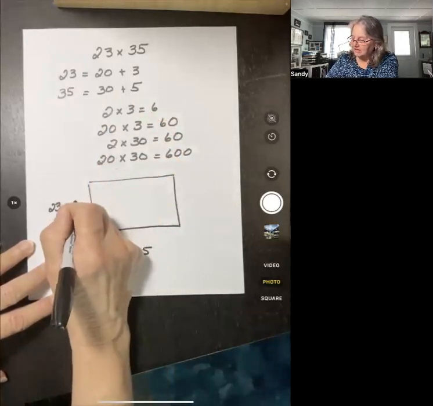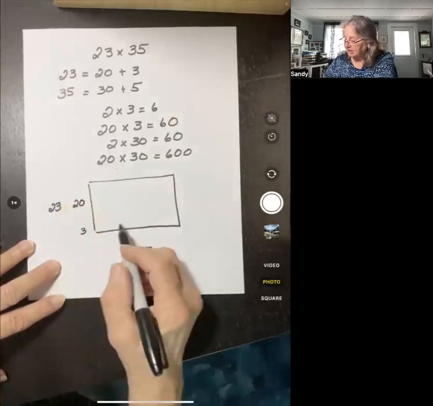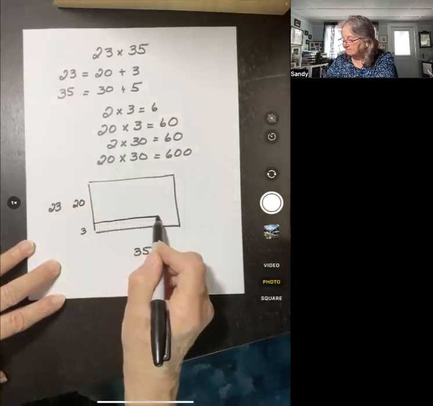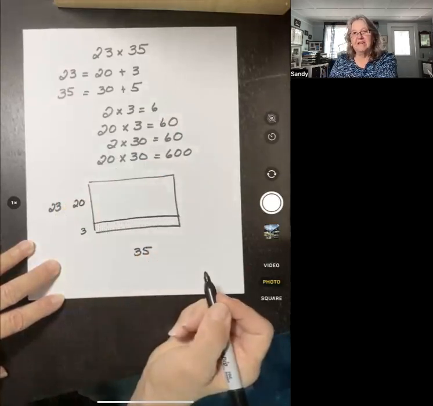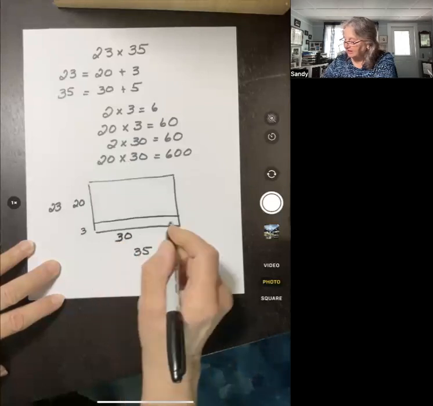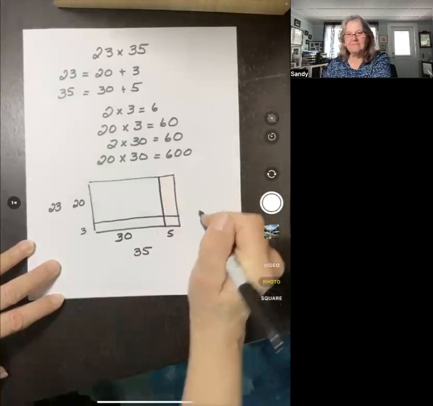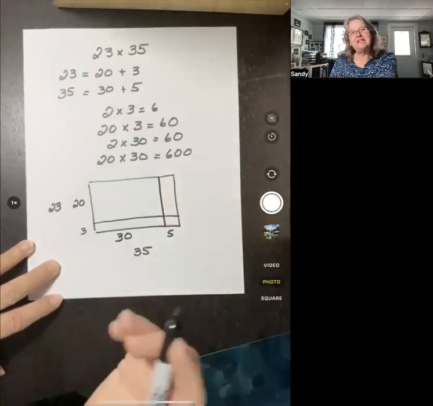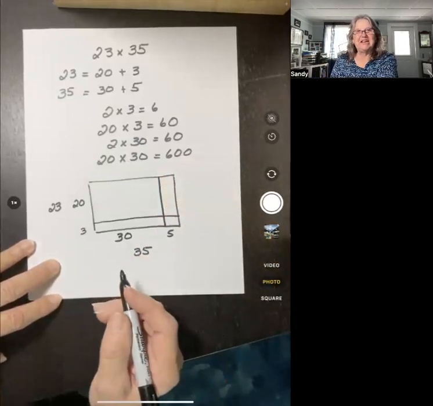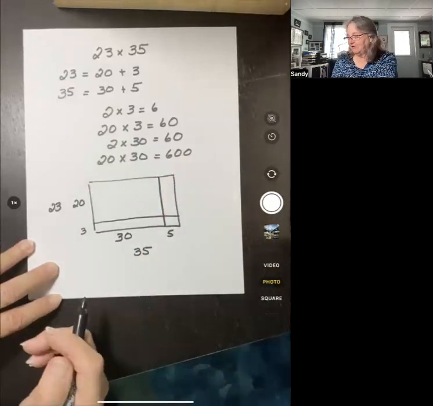I can think of 23 as 20 and 3. See, I'm going to cut it across. And I can think of 35 as 30 and 5. Make a cut. Now I apologize that my drawings might not be to scale, but they're a sketch, and I hope that at least you get the idea from this.